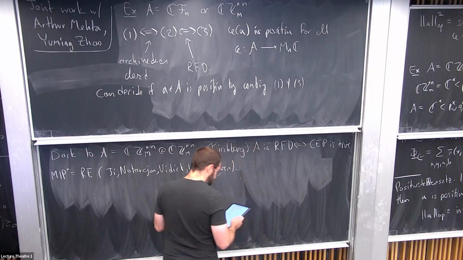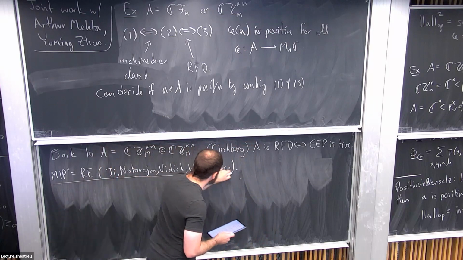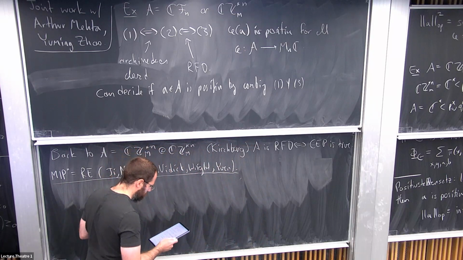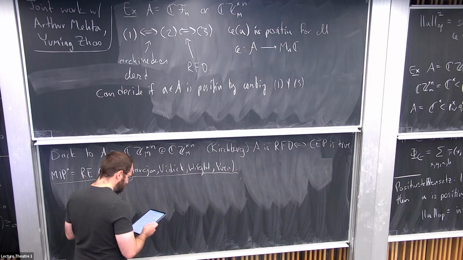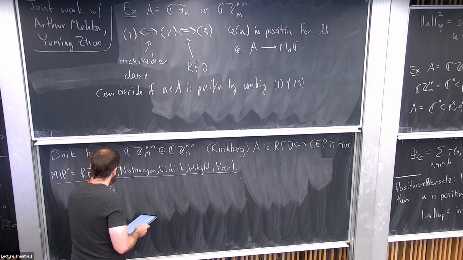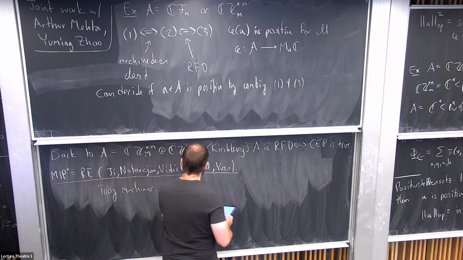So what this theorem says, I'm going to give the literal statement of it. It says there's a map from Turing machines to non-local games.